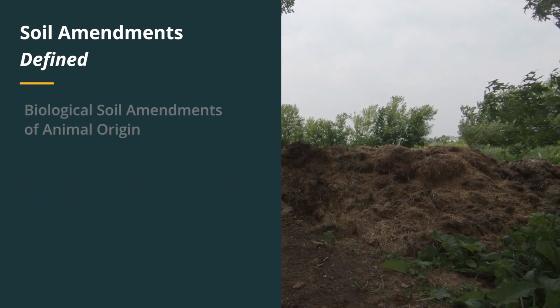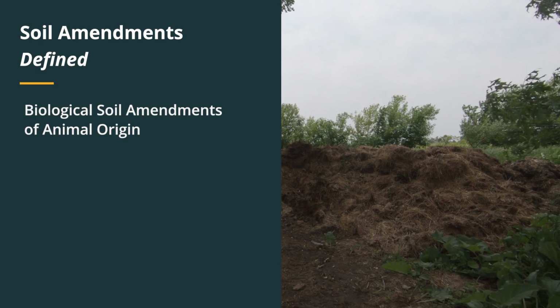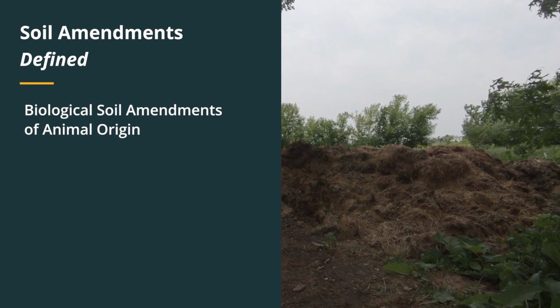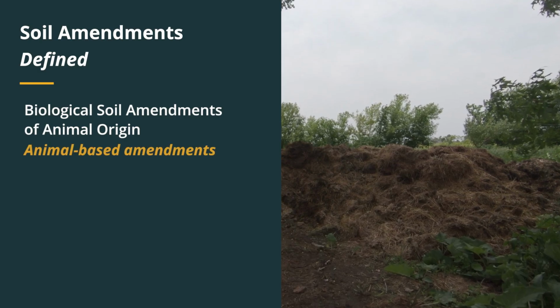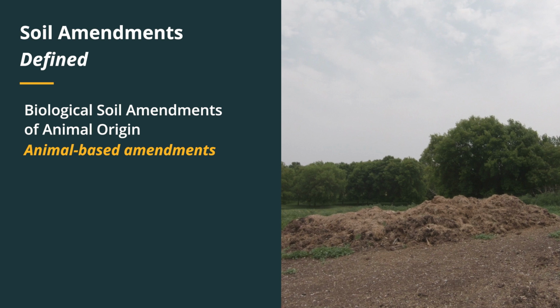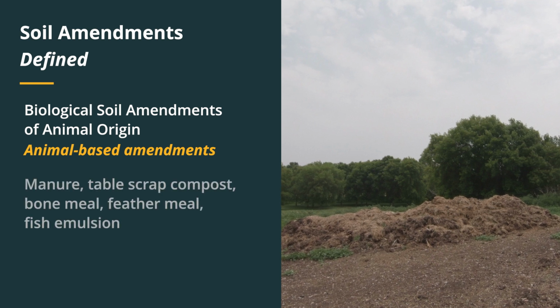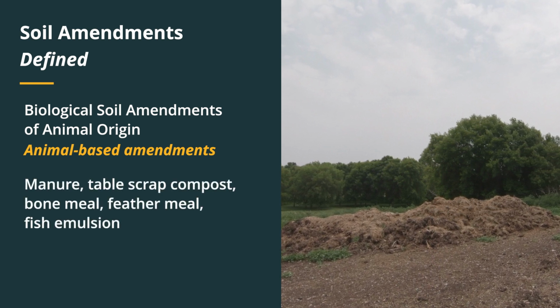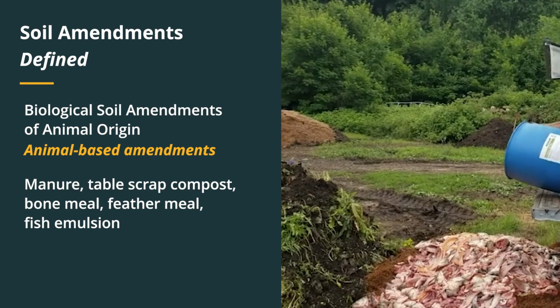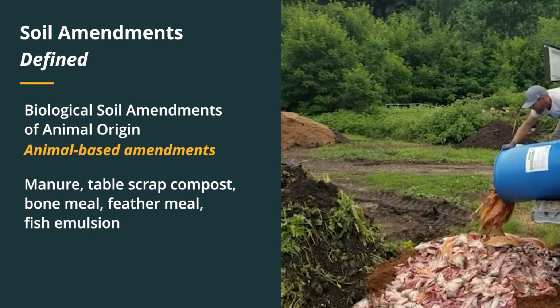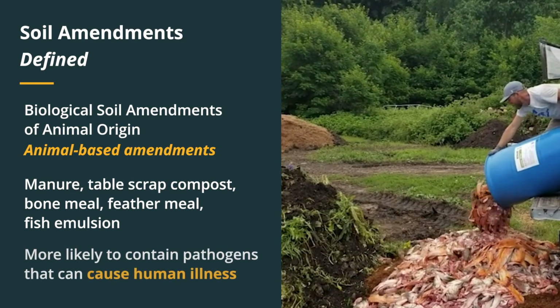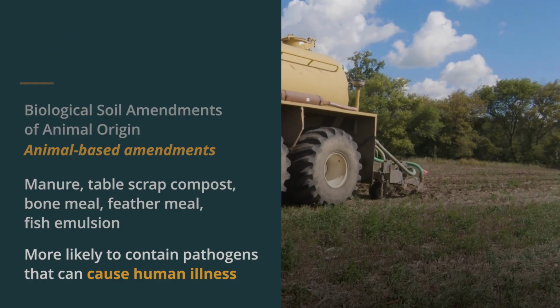These amendments are called biological soil amendments of animal origin in the Produce Safety Rule, and we will be referring to them as animal-based amendments. They might include amendments such as manure, raw or composted, table scrap compost, bone meal, feather meal, or fish emulsion. They are more likely to contain pathogens that can cause human illness.